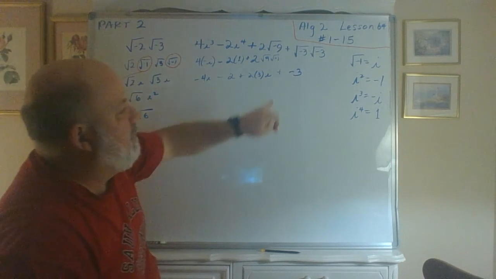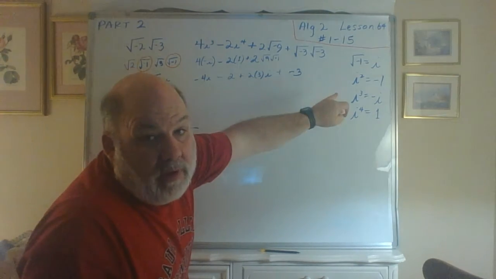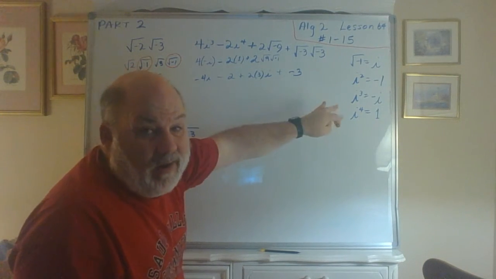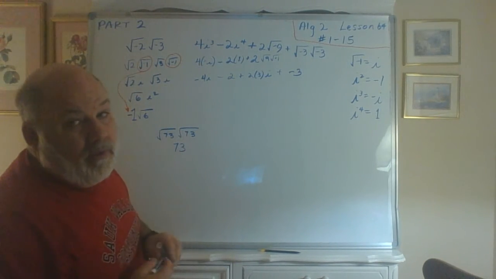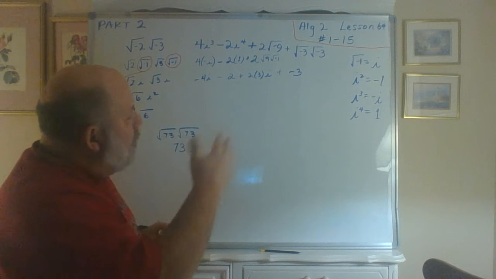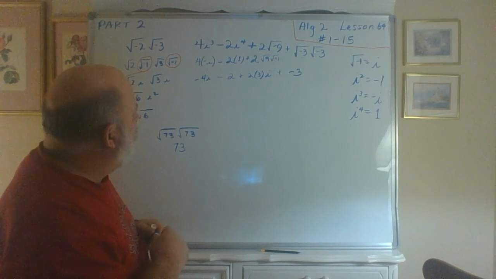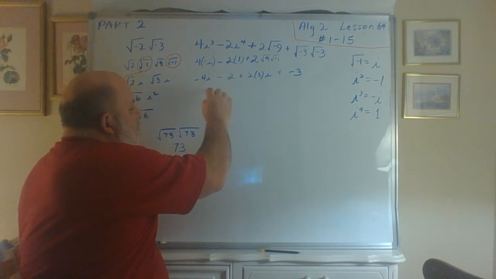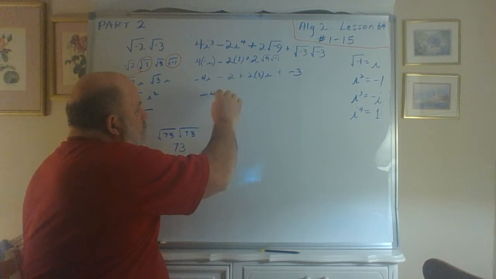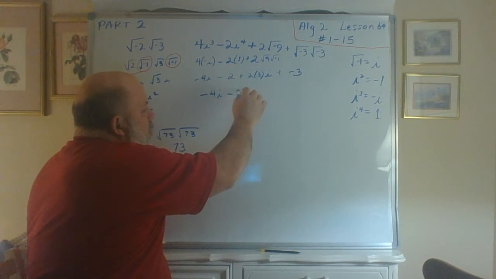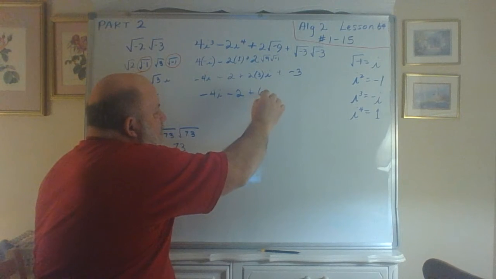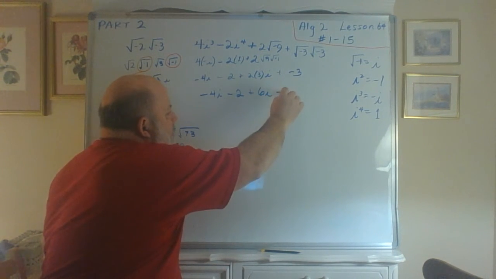Now, if you wanted to do that as square root of 3i times the square root of 3i, square root of 9i squared in the next line, you can do all that if you want, but learn little shortcuts. All right, so I have -4i minus 2 plus 6i minus 3.